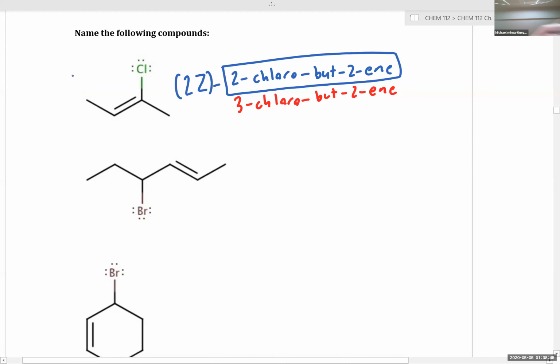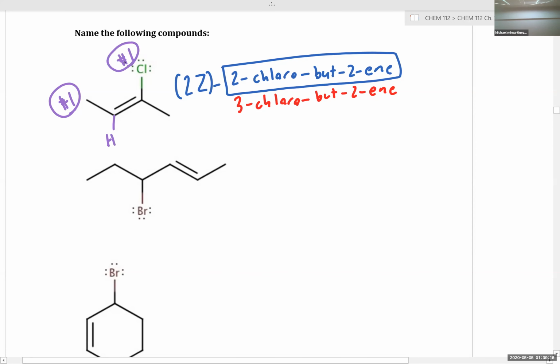In terms of priority, I'm going to erase this blue and red to avoid creating too much confusion. Now we're going to focus on priority. On the left-hand side of our alkene, what's the highest priority group? Hydrogen or methyl? Methyl. And chlorine or carbon? Chlorine.